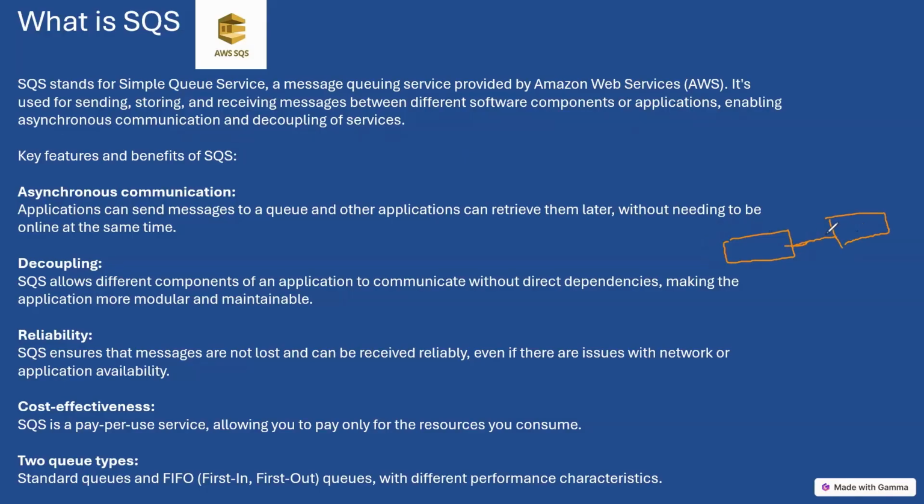Either I call the API of service B, and the service B API would respond to me, but until that time I need to wait, right? My API call would be in a waiting state until it responds. That's called synchronous messaging. But what is async?